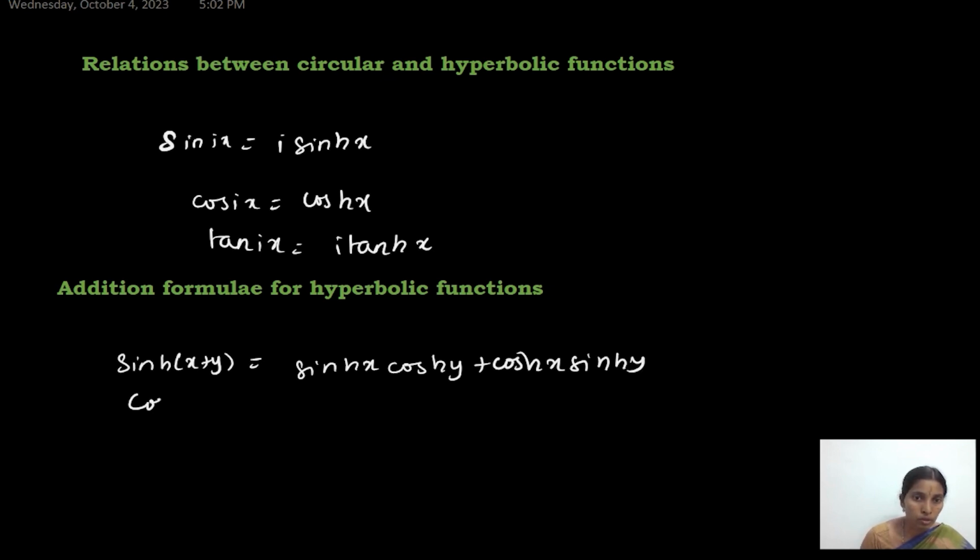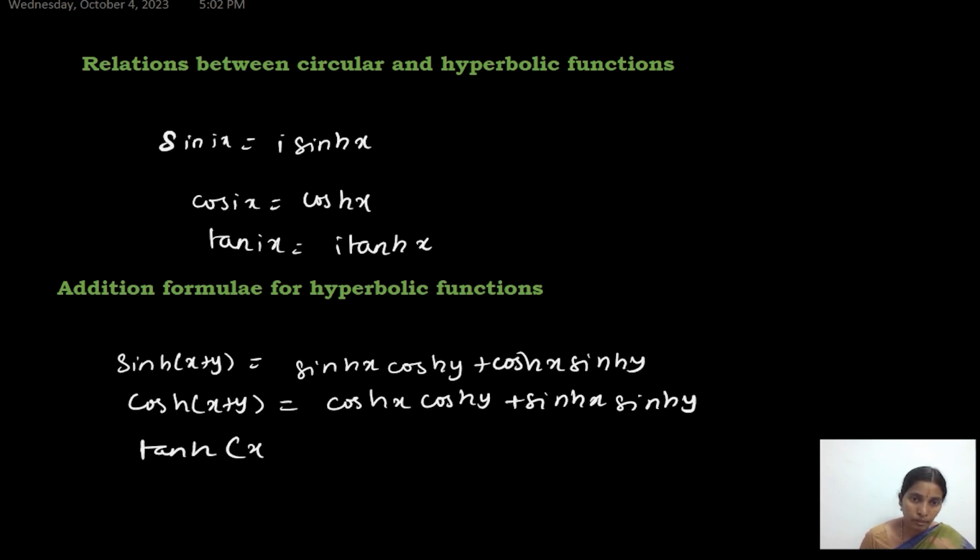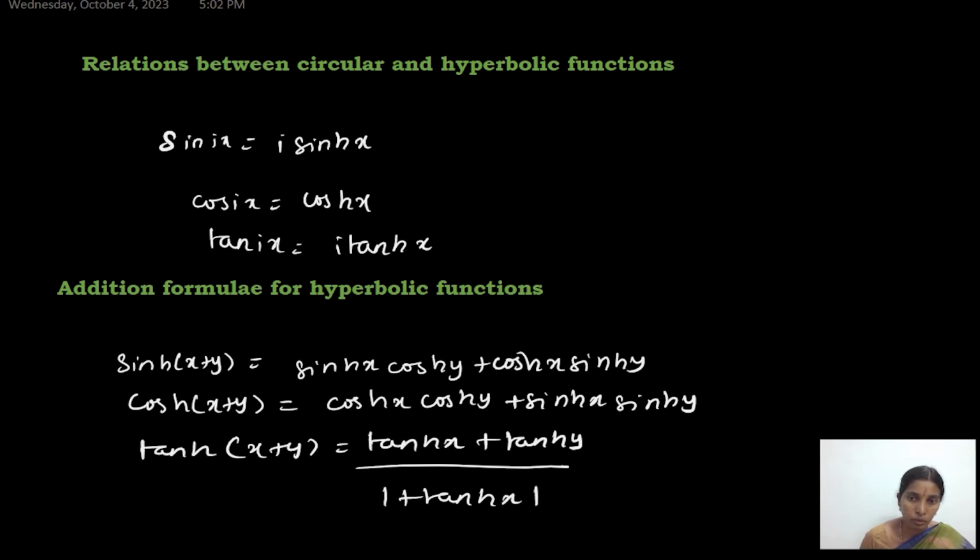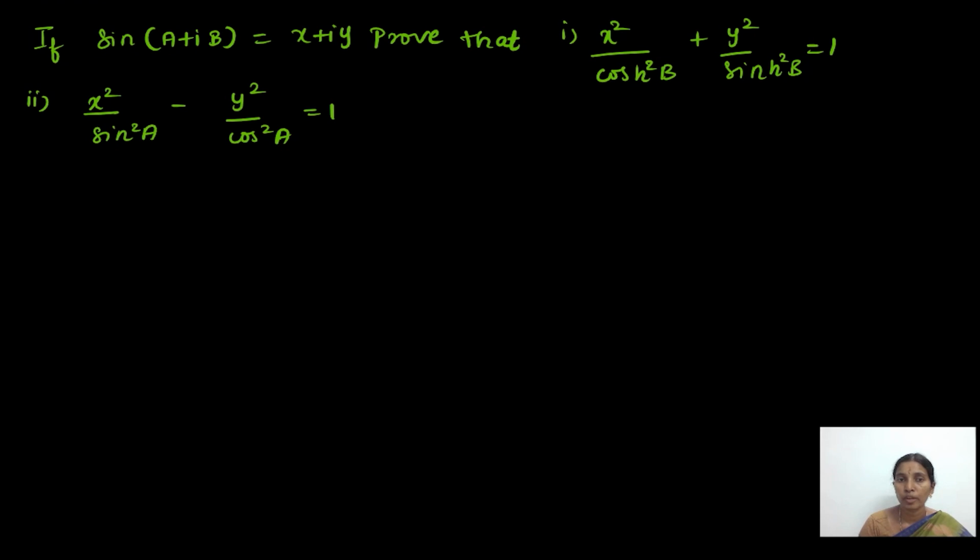Next one is cosh(x + y) = cosh x cosh y + sinh x sinh y. Tanh(x + y) = (tanh x + tanh y) divided by (1 + tanh x tanh y). Next we see an example problem for hyperbolic functions.